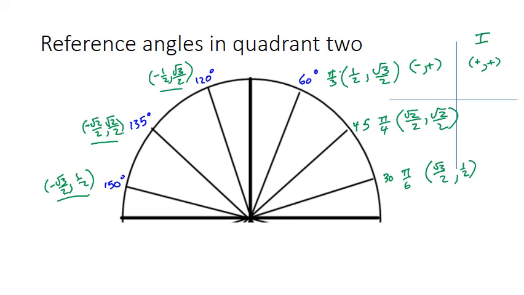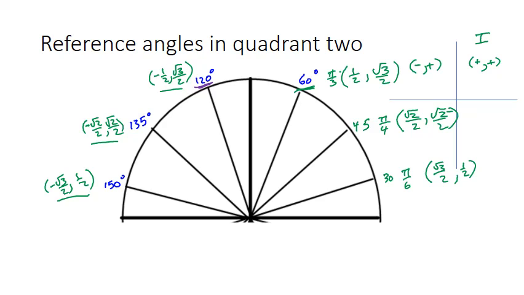One other point that I wanted to make was that we can also multiply the quadrant 1 reference angles by a certain number to get the quadrant 2 angles. As an example, if you take 60 and multiply it by 2, you end up with 120.